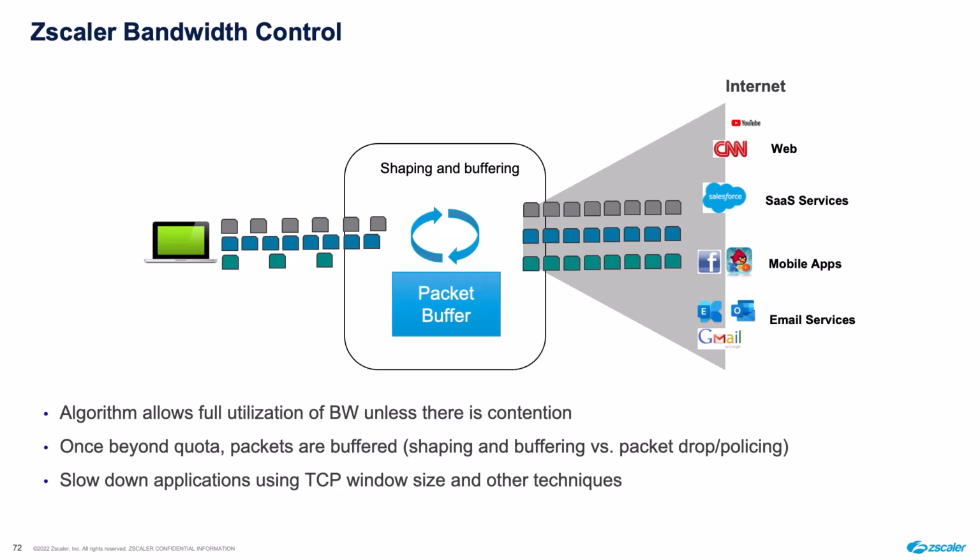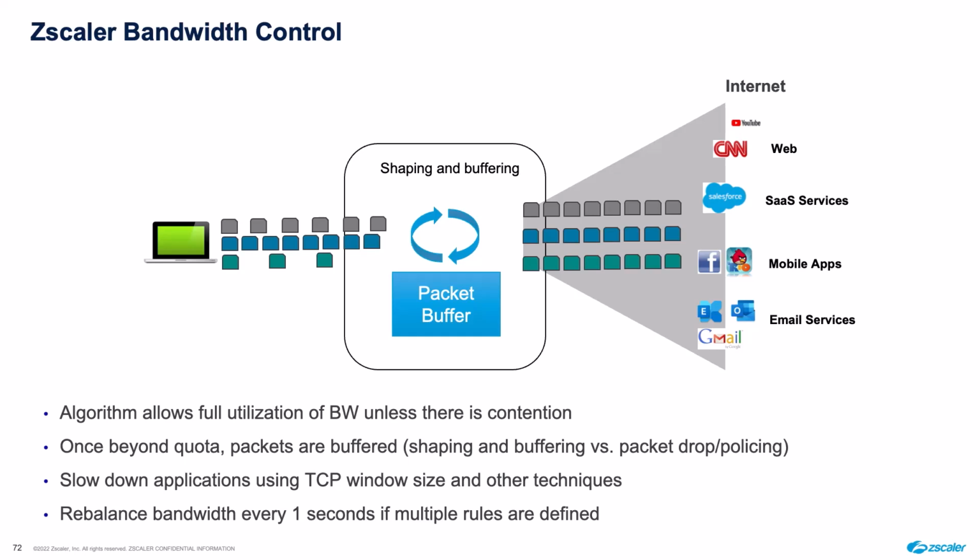Now, since Zscaler does a TCP proxy and handles the TCP connection of the user for every session, we have the ability to slow down the applications using TCP window size, as I mentioned, and other techniques to provide appropriate buffers and manage those sessions in a much more effective way to guarantee the bandwidth prioritization and services for end applications. And also, we do rebalancing of bandwidth every 1 second if multiple rules are defined.